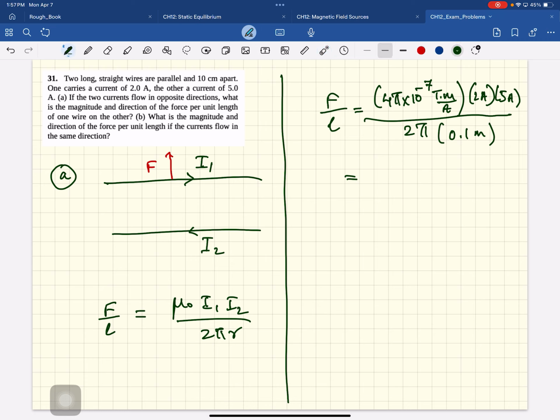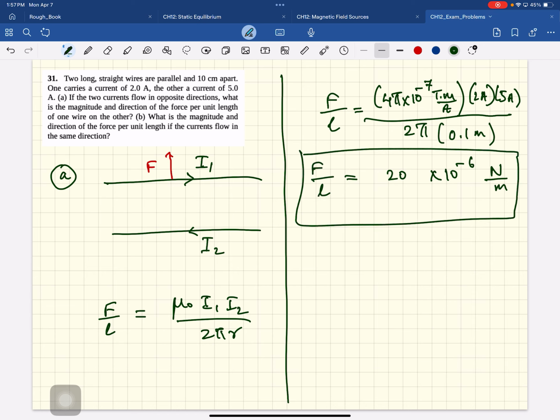And 5 times 2 is 10, so 2 times 10 is 20. 20 times 10 to the minus 6, not Tesla, Newton per meter. Okay, so 20 micronewton per meter. I guess that's roughly the weight of one of your hairs. So that force is very small.